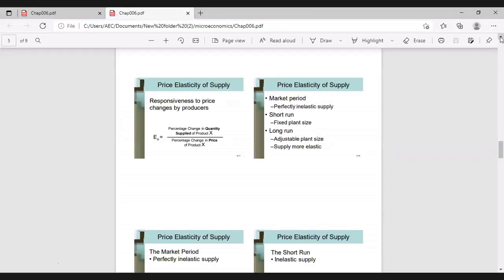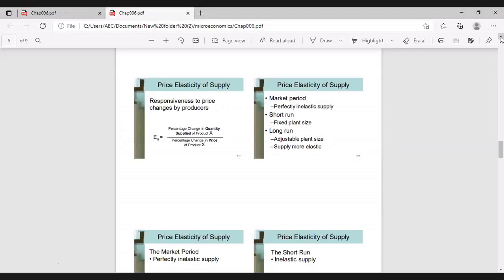If the price increases for tomato, the time is not enough to buy new land or new machinery to increase production. But time is enough to hire more labor and apply more fertilizer and pesticide.